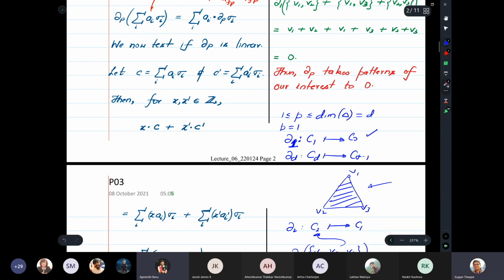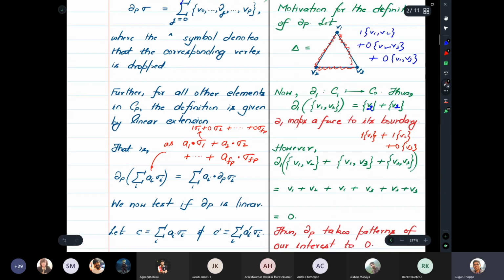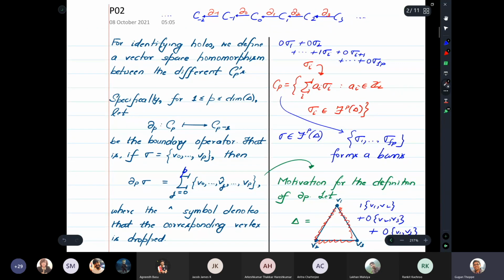Yes. Okay, so we have not covered other cases in this definition, because in those other cases, either one or both the vector spaces are defined differently in comparison to the way CP is defined over here. So here is the way CP is defined for P between 1 and the dimension of delta.